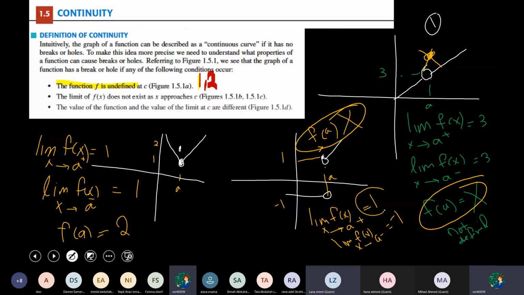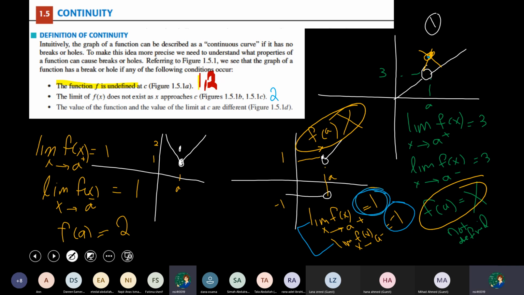Look at 2 here. From the right they are 1, and from the left they are negative 1. What does it mean? That means the limit does not exist. Since the limit does not exist, the function here is not continuous.